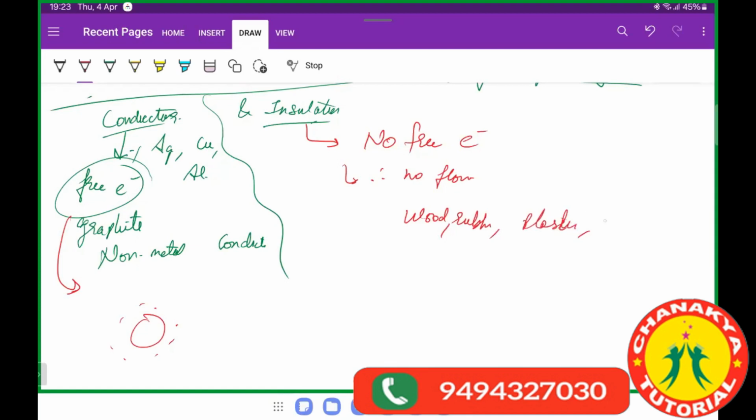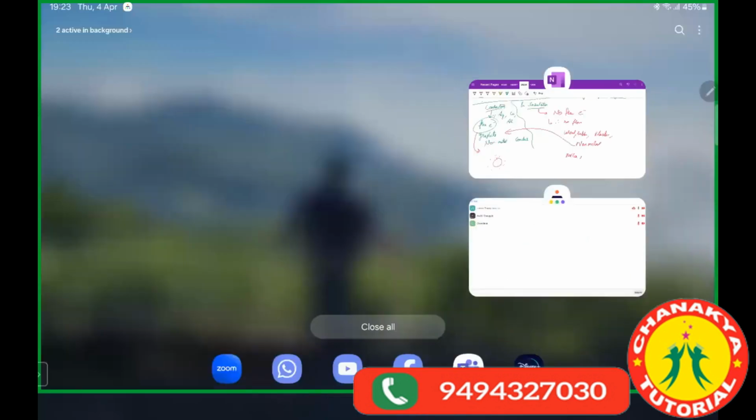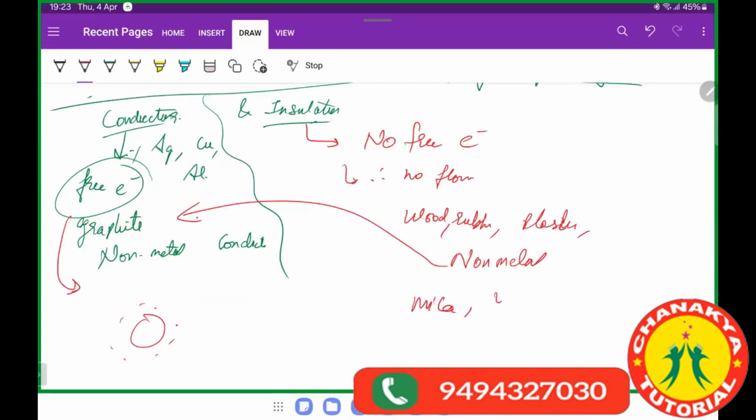Paper. Even all non-metals. Paper, except cardboard, glass. Graphite is the only odd one out in non-metals. So only graphite, or any other non-metals? Only graphite. Okay. Even here we can write mica, then paraffin wax, then candle wax or whatever.